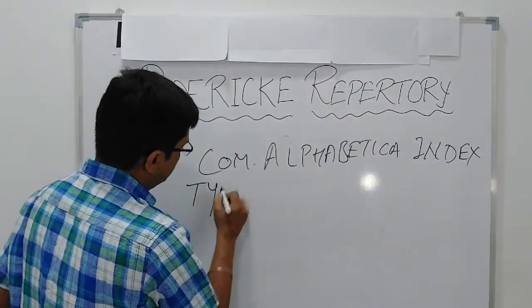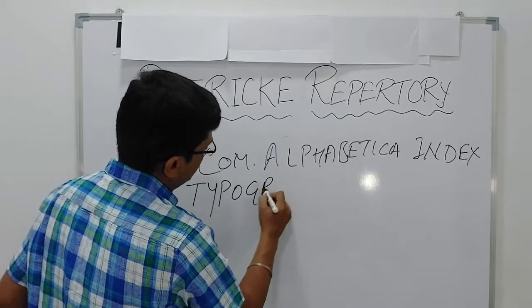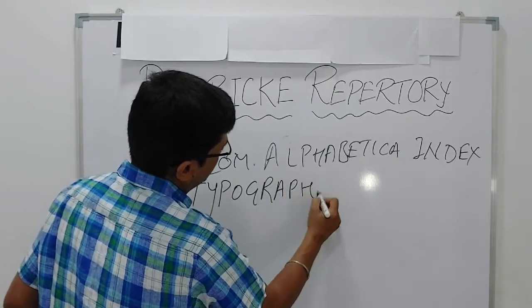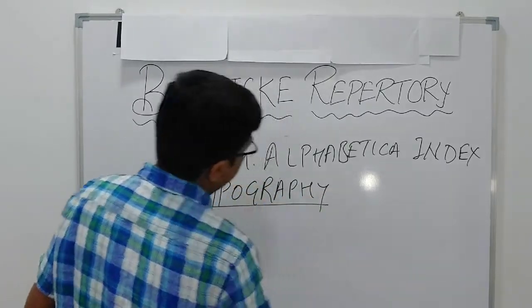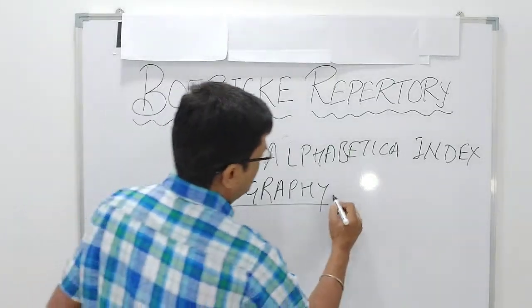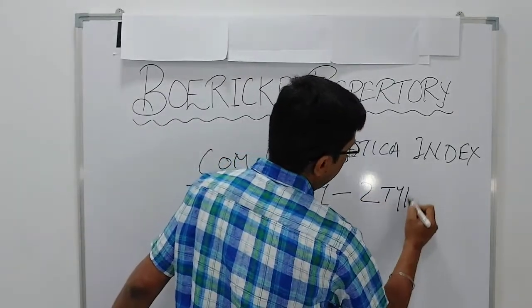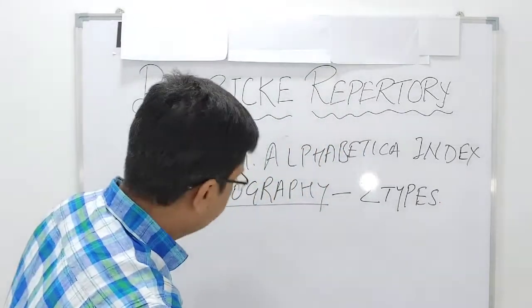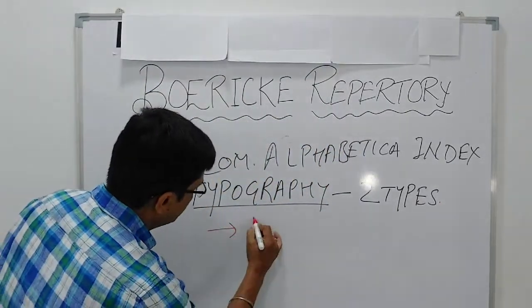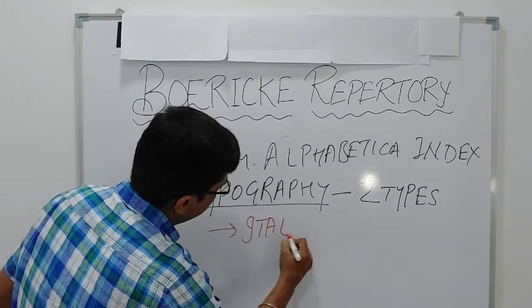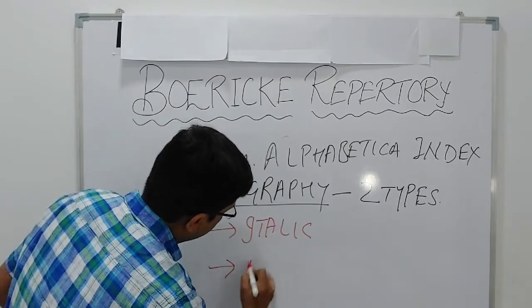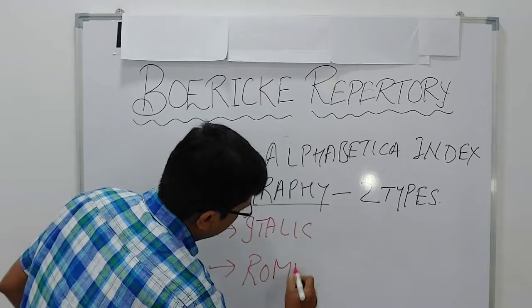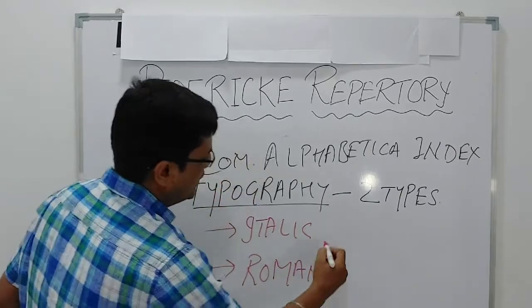Next is its typography. How many types of drugs are given in Boericke repertory? If we see the typography, there are two types of medicine: italic and Roman.